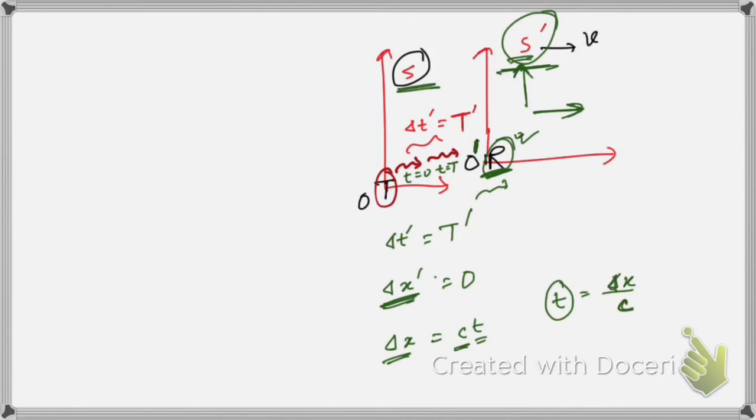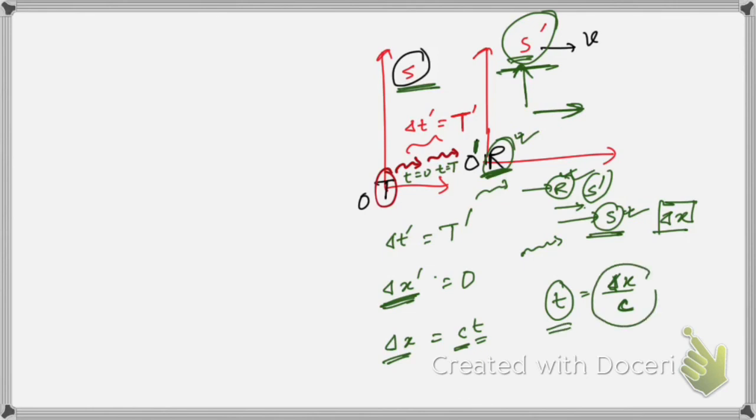So dx is the distance covered by the receiver, which is at rest relative to S dash but is in motion relative to S. So the distance covered by this receiver with respect to S is dx, and that's why the time taken by the second pulse after the first pulse to reach the receiver is t is equal to del x by c. So hope you have understood these things.